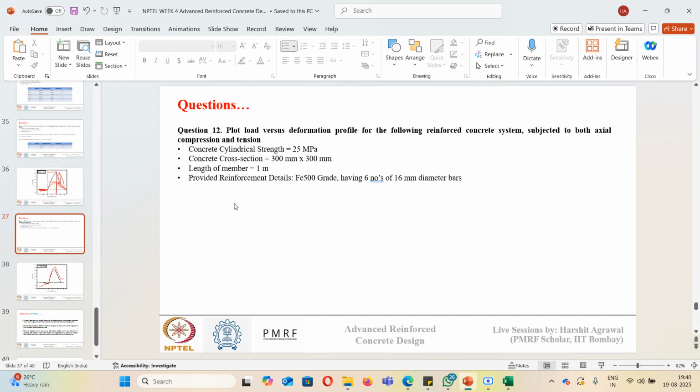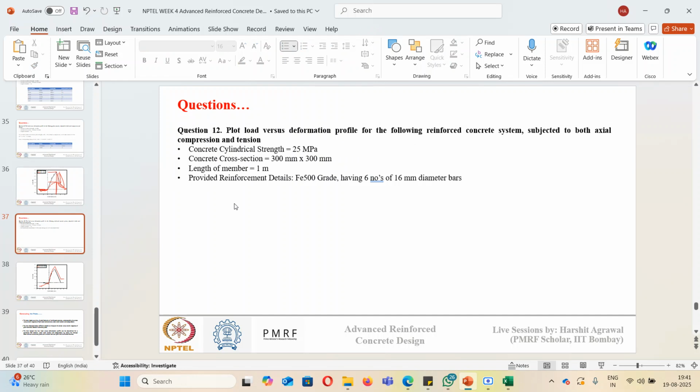How will this be solved now? The only calculation that we need to think of is the addition of steel.